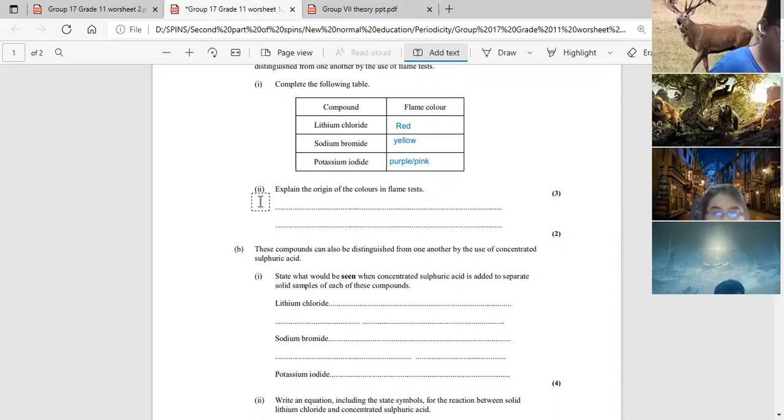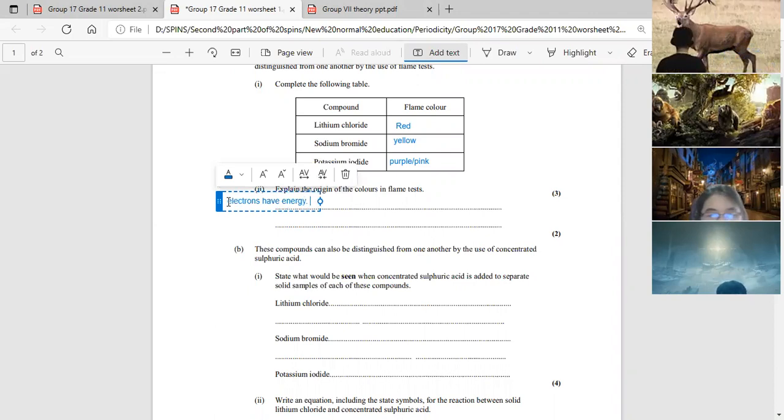We know that electrons have energy. Electron subshells have energy also.